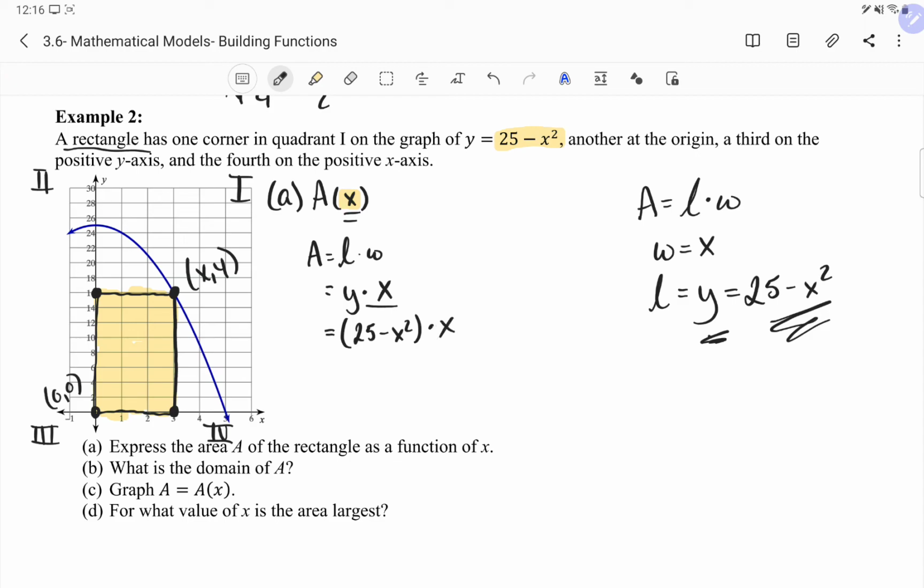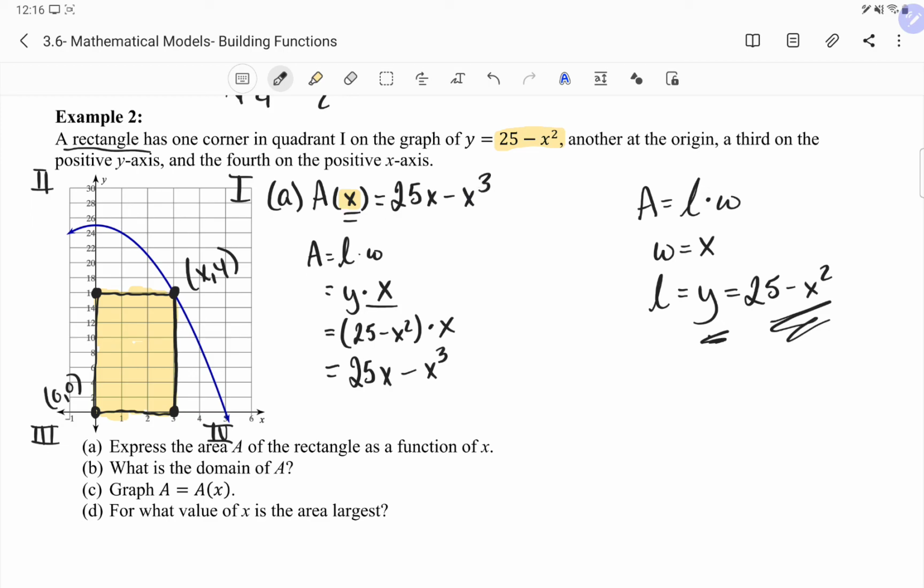Then I'm simply going to simplify: 25 times x minus x to the third power. All right, so we came up with this function: the area with respect to x is 25x minus x to the third power.